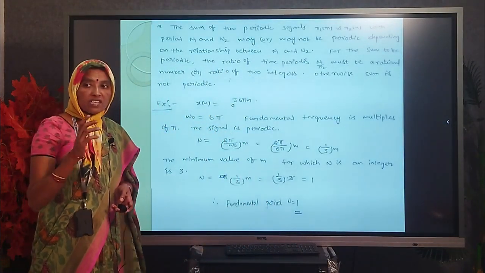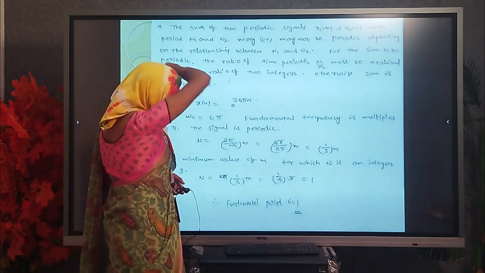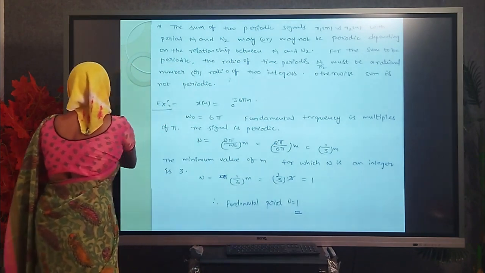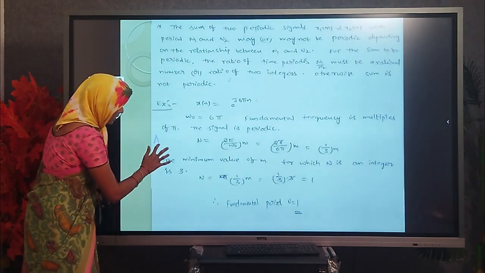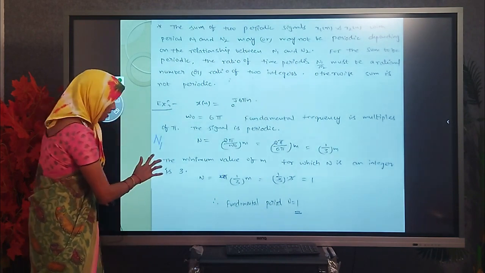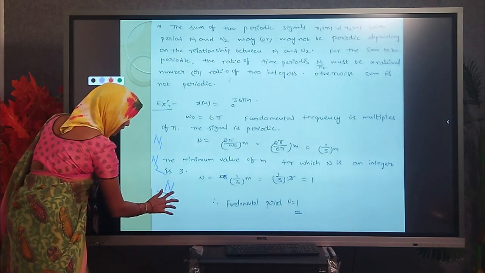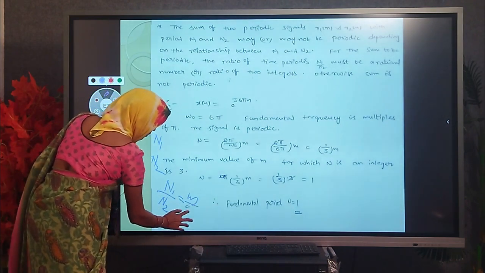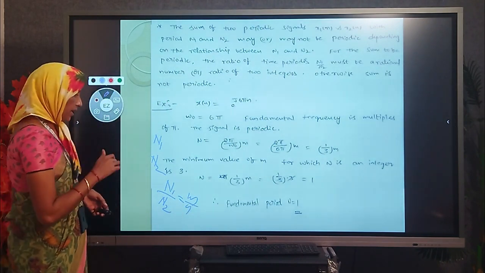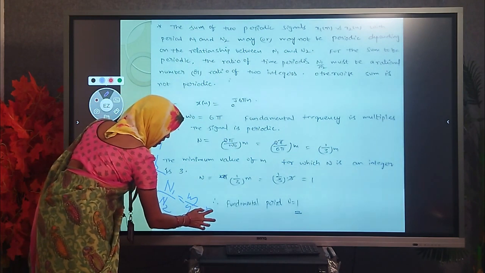The sum of two signals is said to be periodic if N1 by N2, where N1 is the first signal period and N2 is the second signal period, is a ratio of two integers, that is, a rational number.